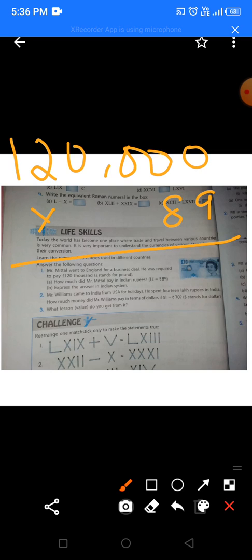What will be your answer? The answer will be this. After multiplying you will get this answer. Then what will you do, children? See, now this much he has paid in Indian rupees.